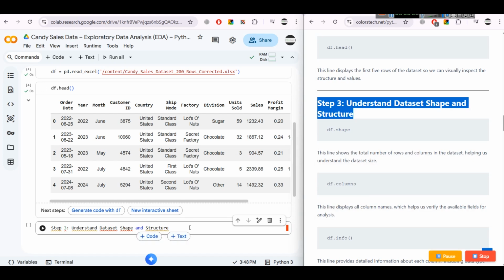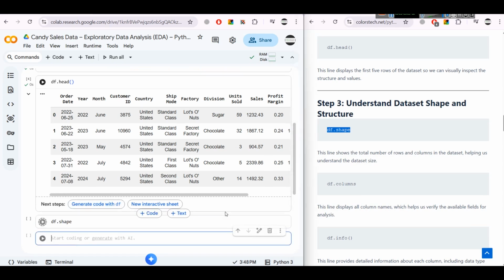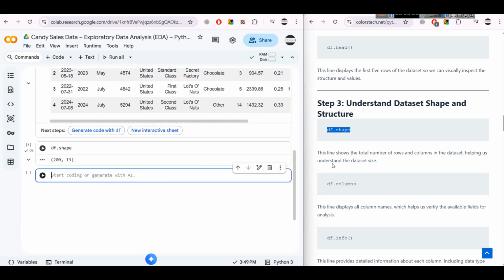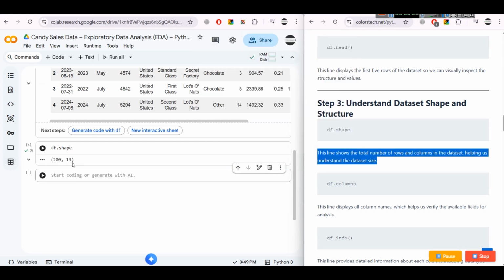Step 3. Understand dataset shape and structure. This line shows the total number of rows and columns in the dataset, helping us understand the dataset size.